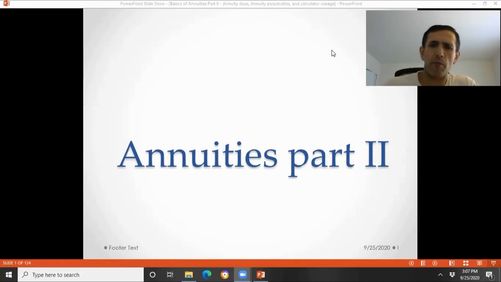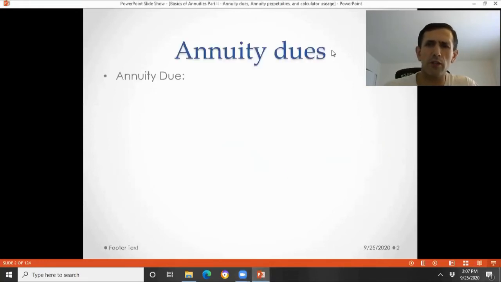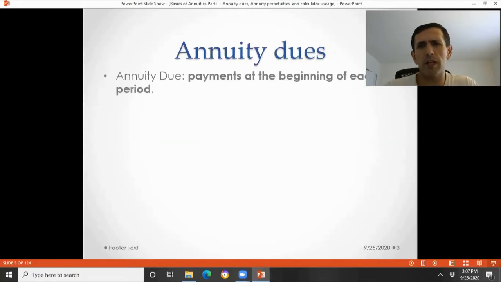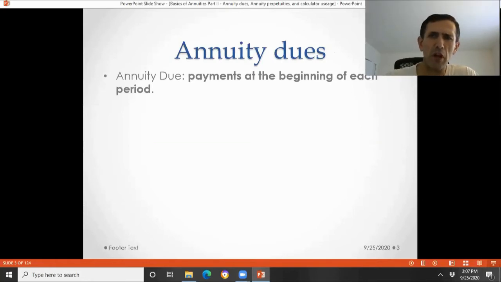Okay, so let's begin. The idea of an annuity due is basically the same thing as an annuity immediate, except payments are at the beginning of each period. For example, let's say you are a landlord, you take in rent at the beginning of each month, and immediately when you get that rent payment, you put that into an account earning, let's say, monthly effective interest.